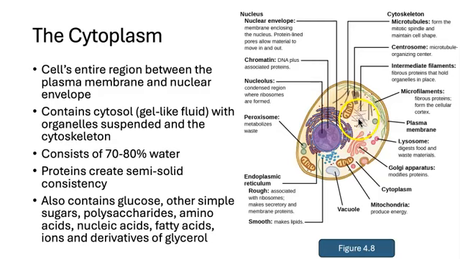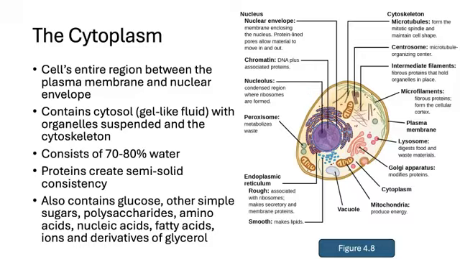So we'll talk about the cytoskeleton some more, but just as a preview, we do have certain filaments like microfilaments and the intermediate filaments, and also some microtubules that serve within the cytoskeleton to kind of create a framework for the cell.